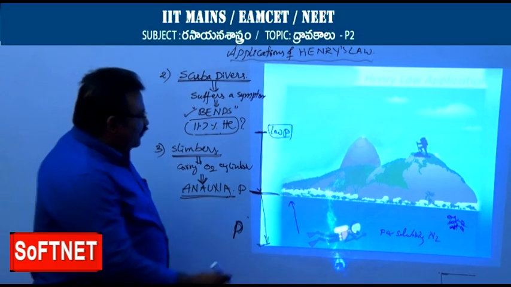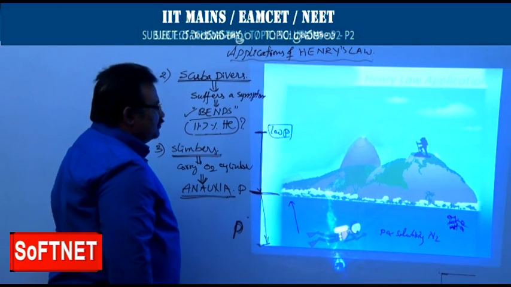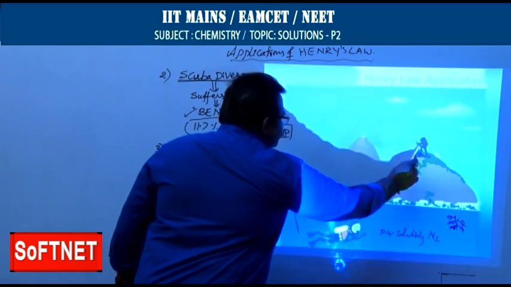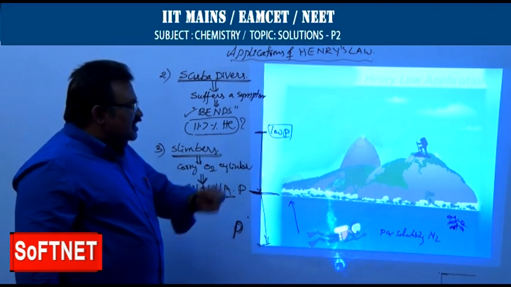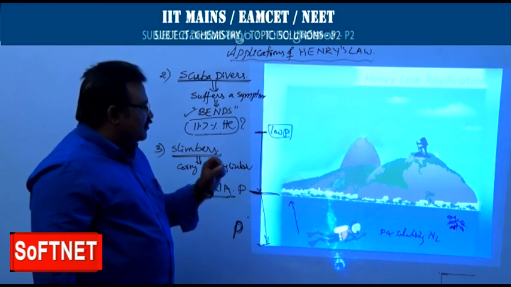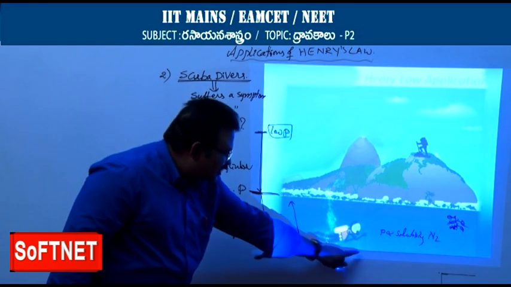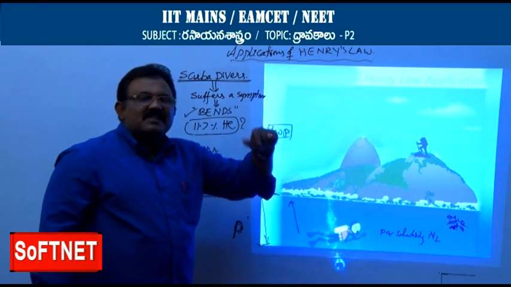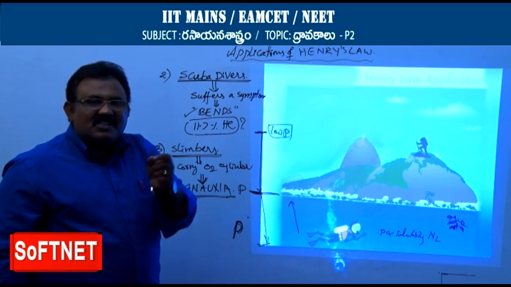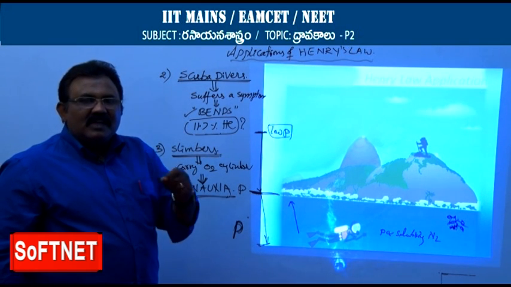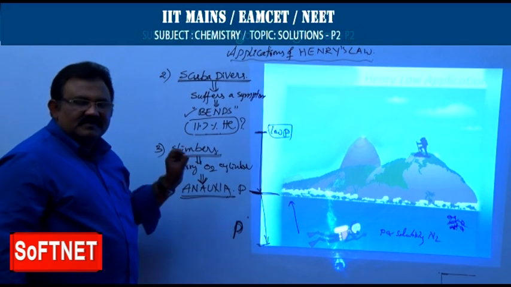Let us see. If the climber is at the top of the hill, he will experience low pressure. At low pressure, the gases soluble in the blood will be low according to Henry's law. More pressure means more solubility. That's what is observed in the scuba diver. On a hilltop, pressure is less. So, because of less pressure of the gas, less oxygen is soluble in the blood. That will lead to a disorder called anoxia.